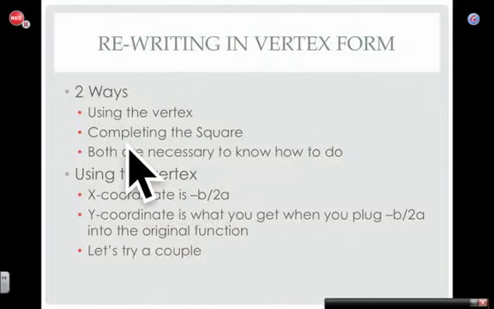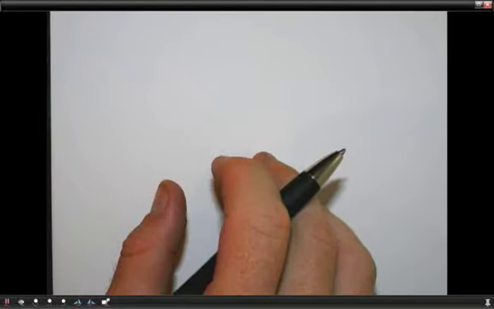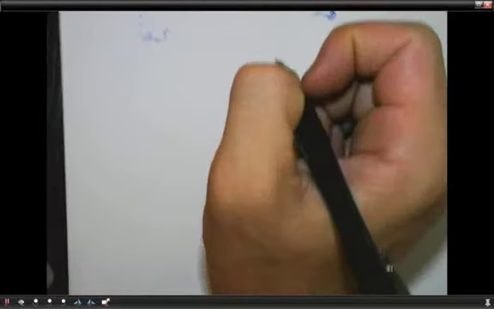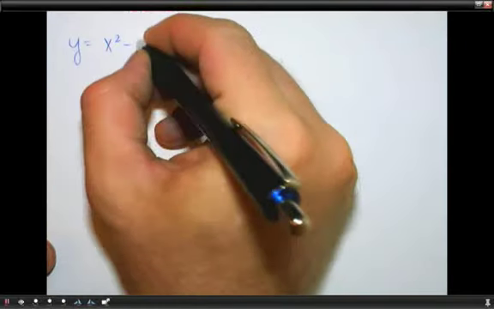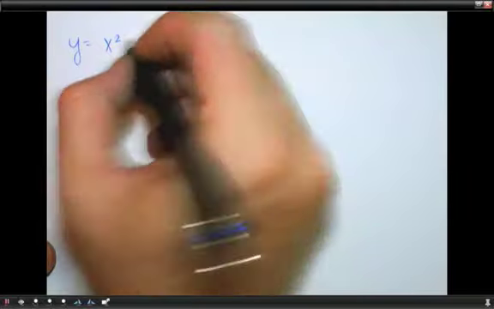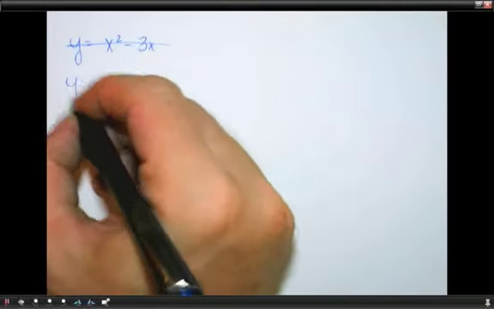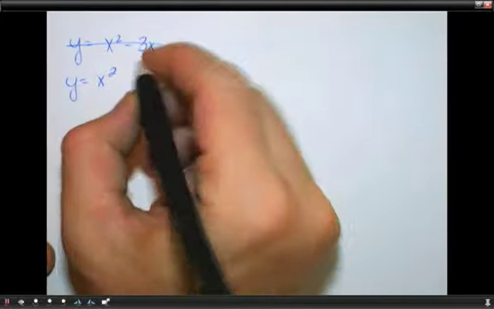So let's go ahead and look at a couple over on my paper here. All right, so let's look at this function y equals x squared minus 3x. Oh, let's not use 3 yet. That's going to create a fraction. What are you doing?